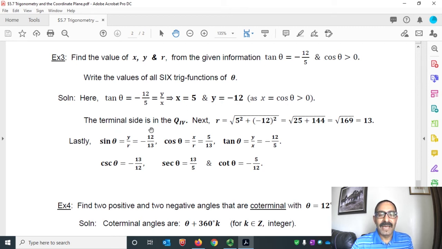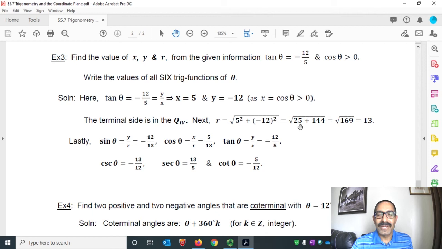Then the terminal side of the angle theta lies in the fourth quadrant, because in the fourth quadrant x is positive and y is negative. Next, let's find the value of r using the distance formula. Under the radical, x squared plus y squared, that is the radical of 5 squared plus negative 12 squared.